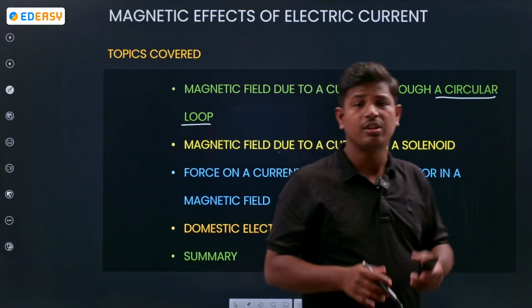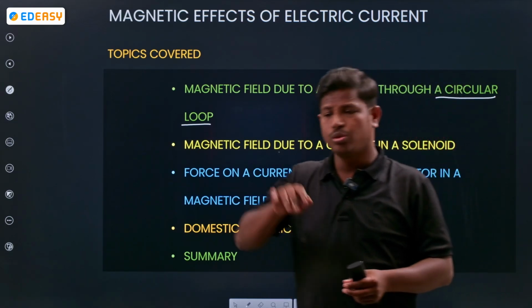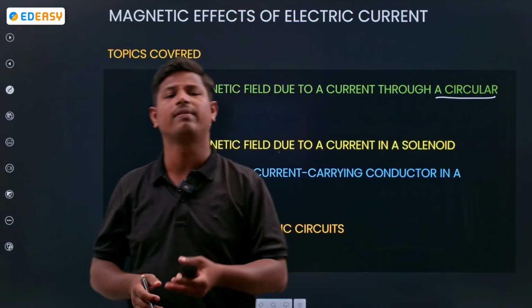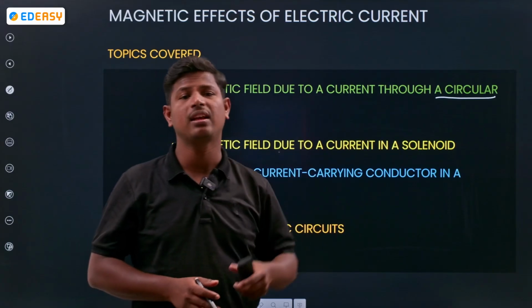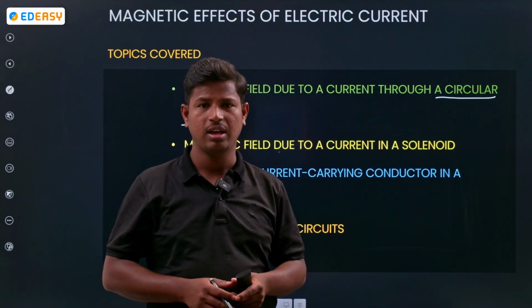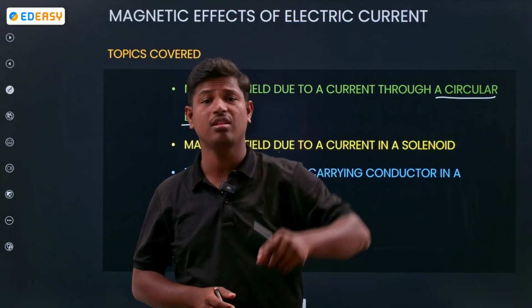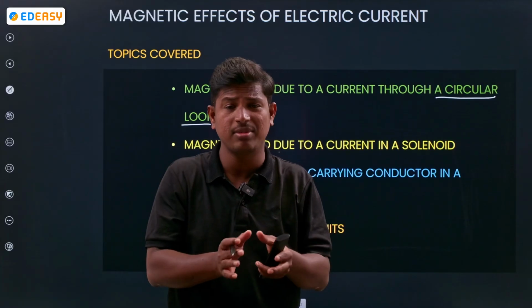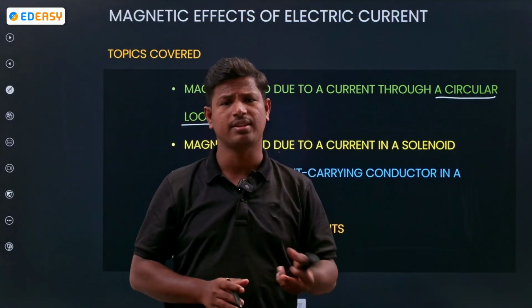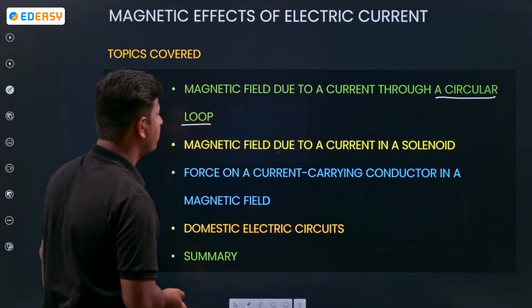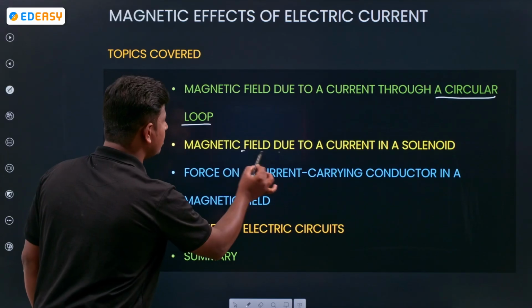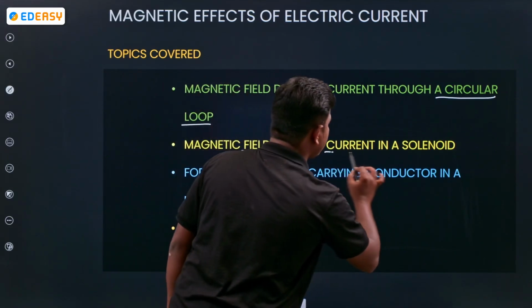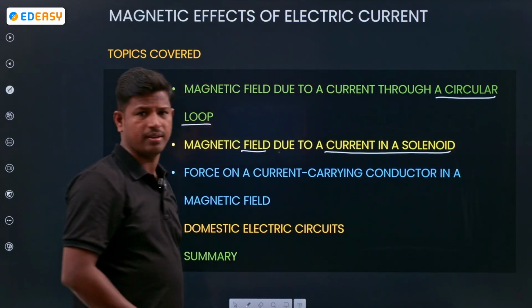If you take a circular loop, how will the current be, and how will the magnetic field be? If you know the relation of electricity and magnetism first, then all these topics are very easy.